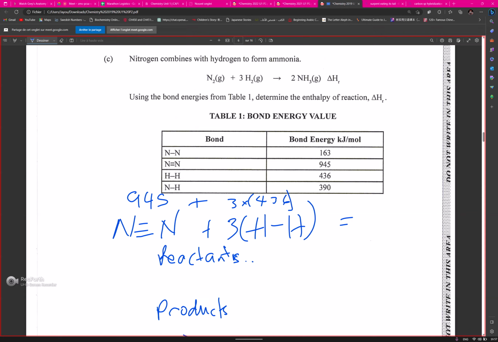What would be the answer for this? 2,253 kilojoules per mole.